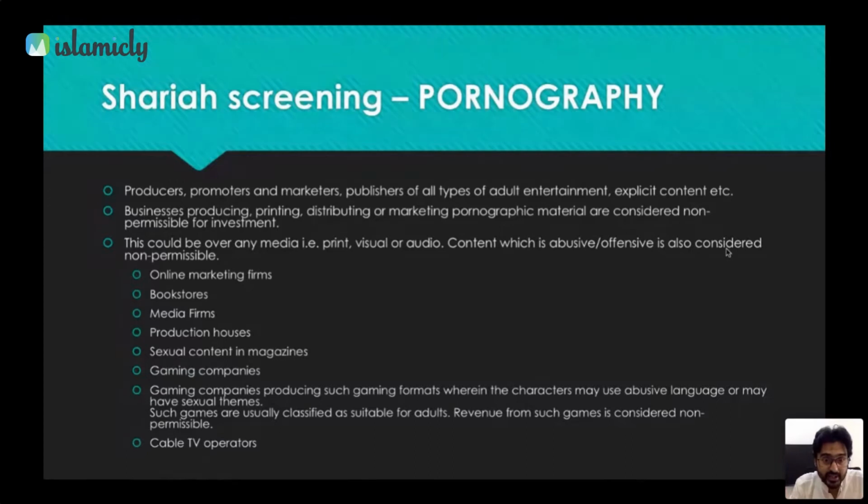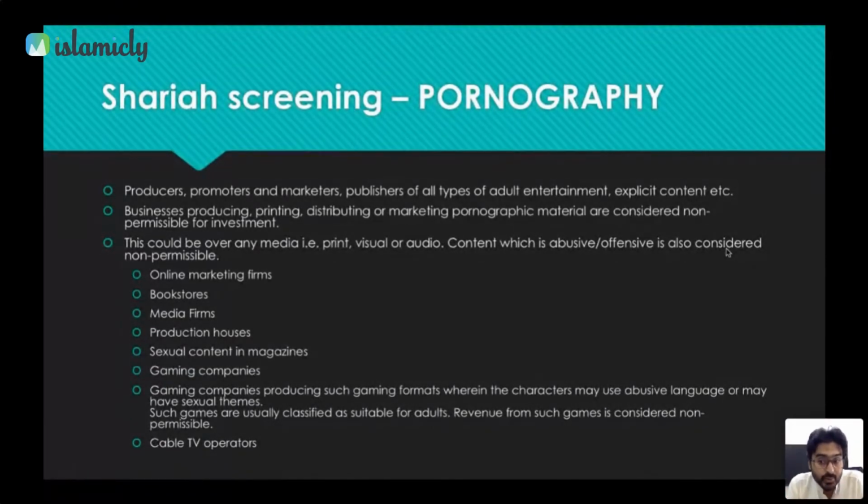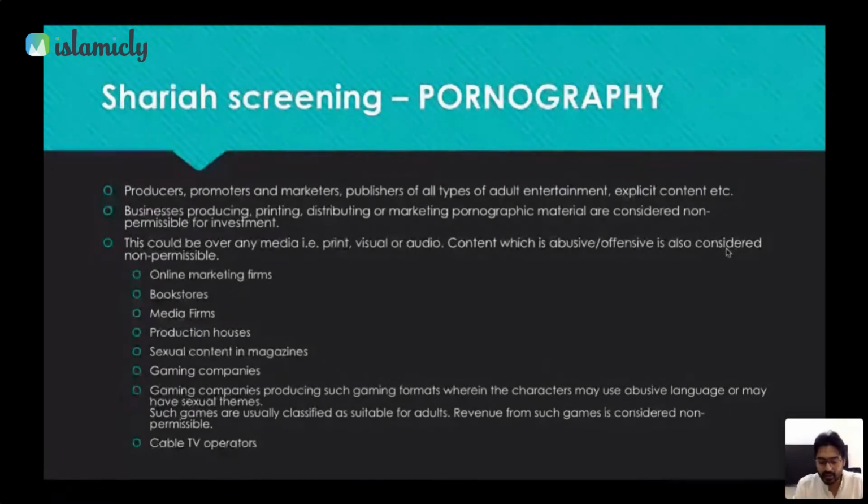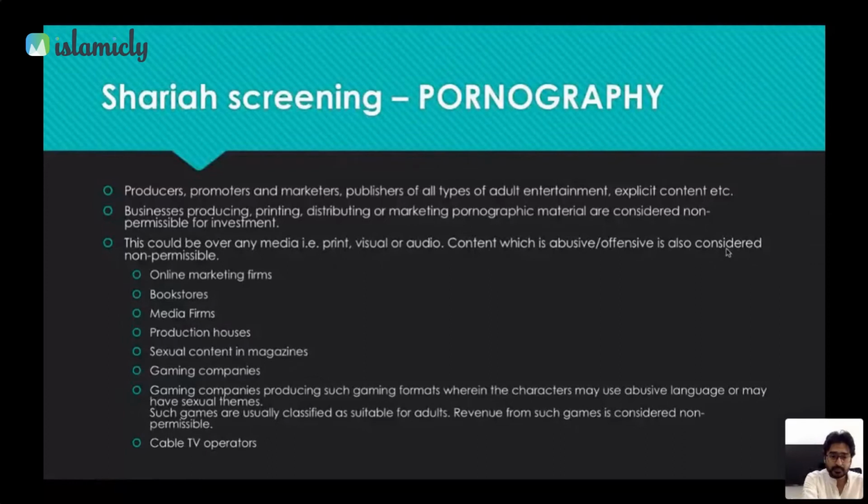So gaming companies producing such gaming formats wherein the characters may use abusive language or may have sexual themes, such games are usually classified as suitable for adults. Revenue from such games is considered non-permissible. Now, a classic case in point for this is Microsoft. So the research report is available on our blog. I will take you through that research report in this discussion as well.